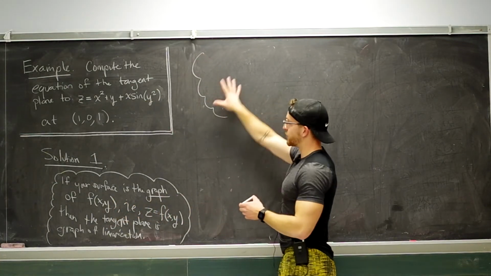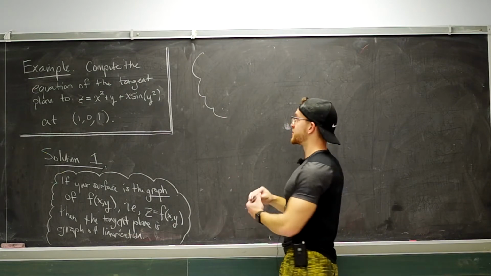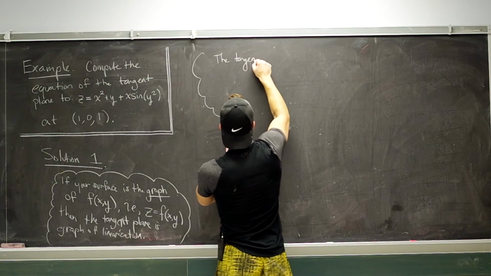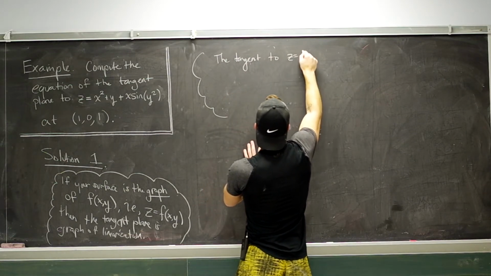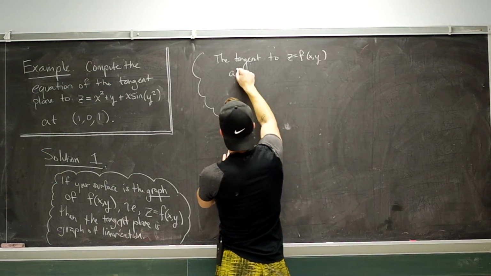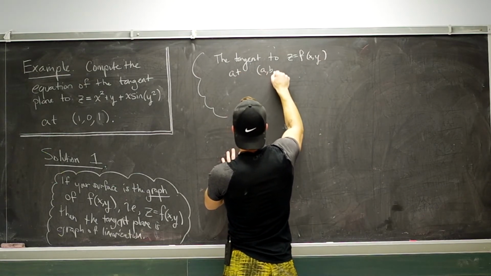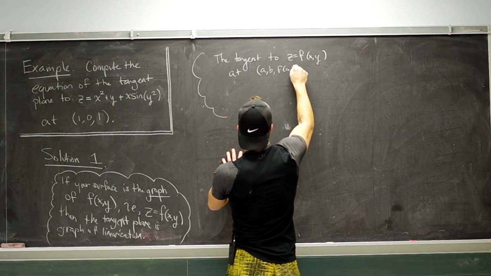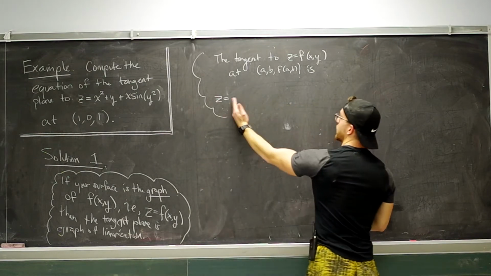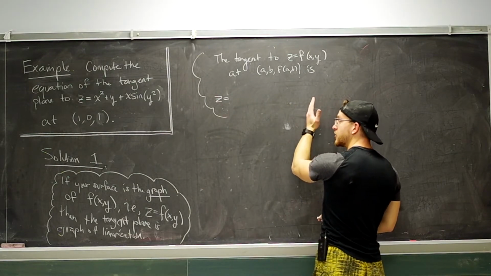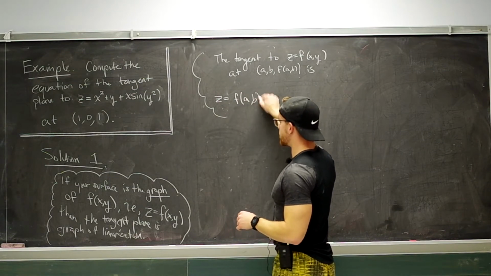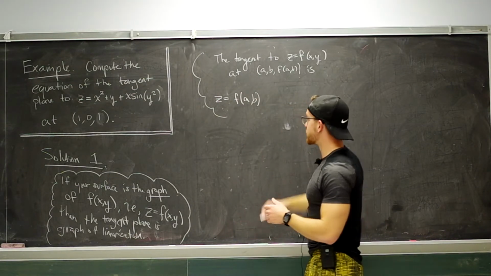I'll remind you what the formula for the linearization of a function is. The tangent plane to z equals f of x y, so the graph of the function f at the point a, b, f of a b, is z equals the linearization formula. The linearization formula is the thing that looks like the tangent line equation, just up a dimension using partial derivatives.